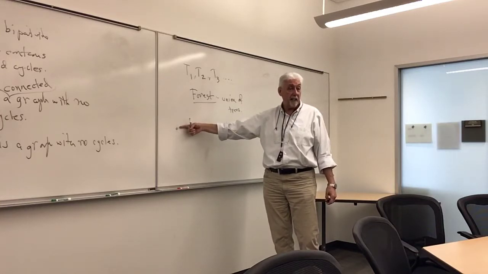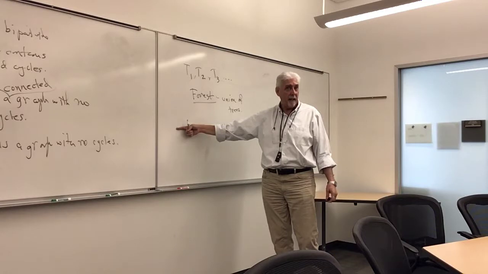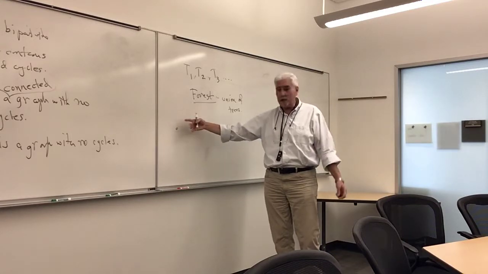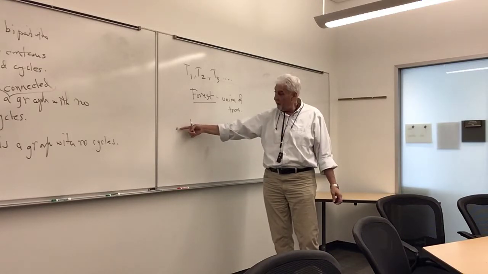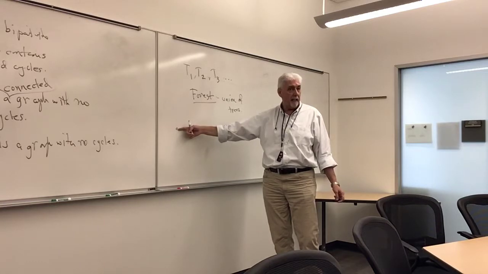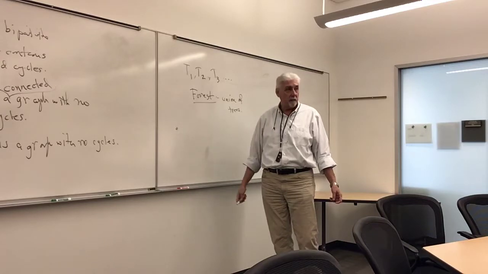Is this tree connected? There's this vacuous idea of connectivity, so it's connected because I can get from any one vertex to any other vertex. It's not very interesting, but I can get there. So it's connected, has no cycles.